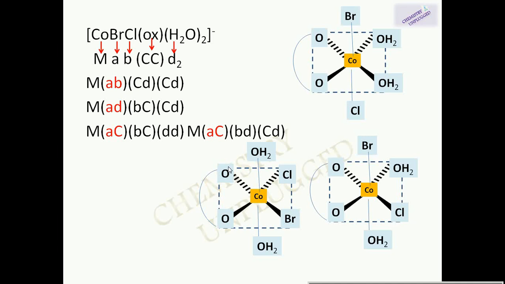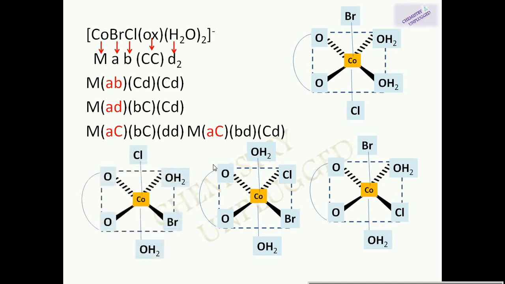Okay. In the next type it is again similar to this, but in this case B means Cl is trans to H2O, and in this case Cl is trans to one oxygen atom of oxalate. So if you draw the geometrical isomers using this trick, it is very easy. Otherwise you will get confused.